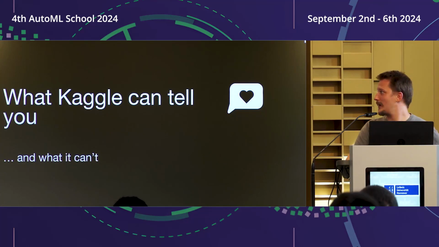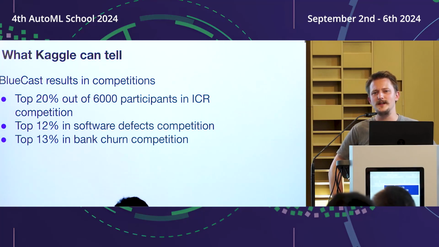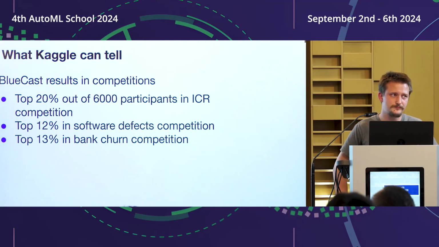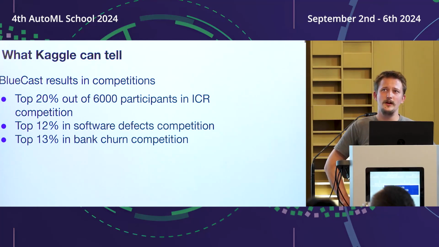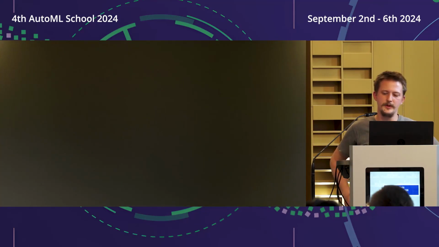Okay, so Kaggle. As mentioned before, Kaggle is a data science competition platform. And I would say in the past years, AutoML frameworks appeared occasionally, but weren't everywhere.